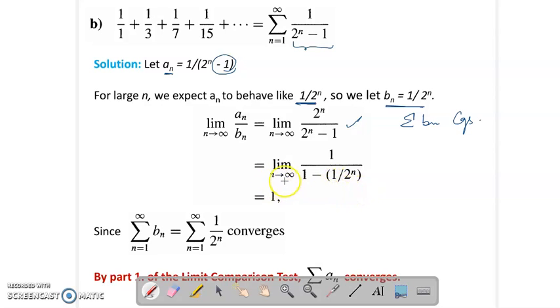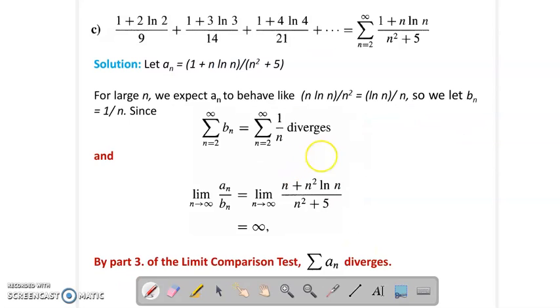And as n tends to infinity, this term will tend to 0, and the limit is equal to 1. So the number c is greater than 0, and since bn converges, by the first part of the limit comparison test, we say that summation an also converges.